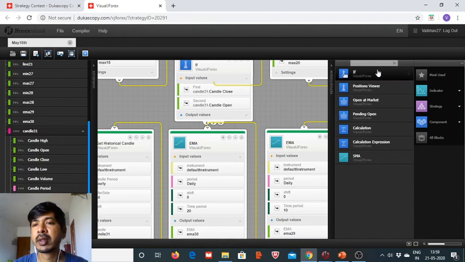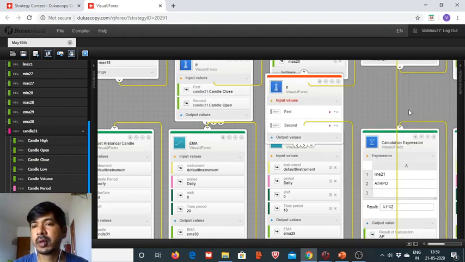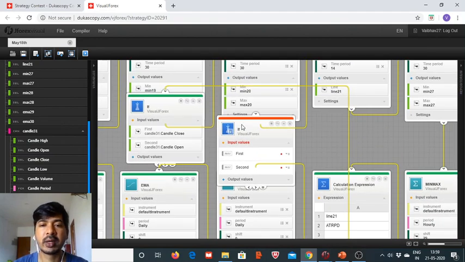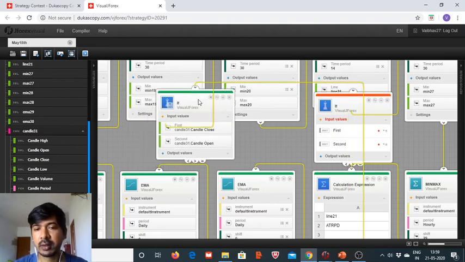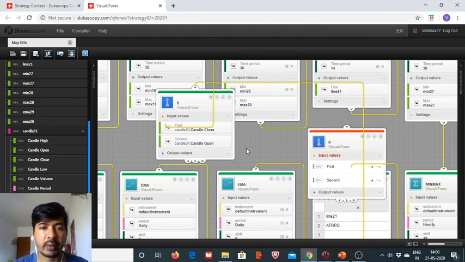Now we need to define for the EMA and the min-max setup. We need the maximum of last 30 hours to be above the 10 EMA of the daily time frame. At the same time, it should be less than the 20 EMA of the daily time frame, and this candle close should be less than the candle open.